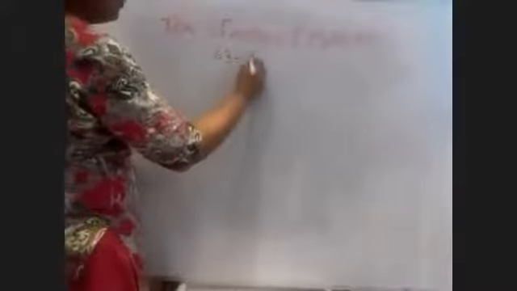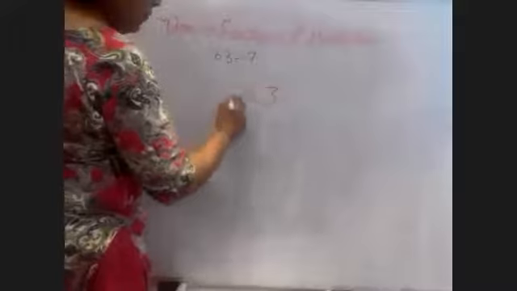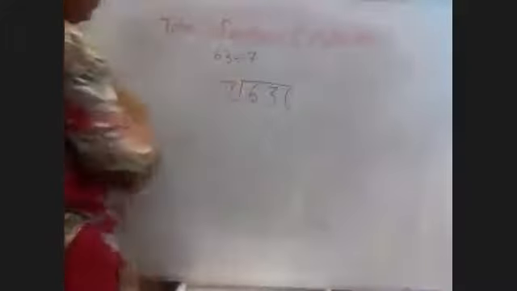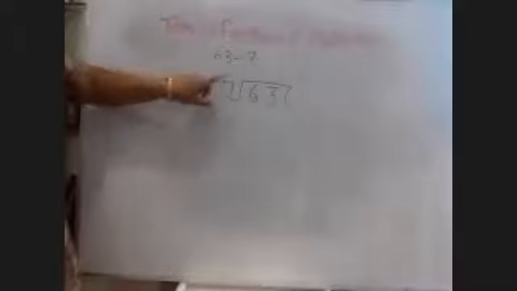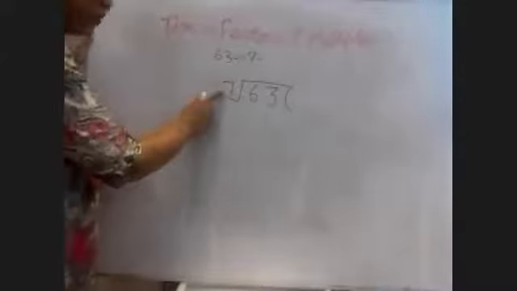For example, when we divide any number, suppose we are dividing 63 by 7. The number by which we are dividing is known as the divisor.